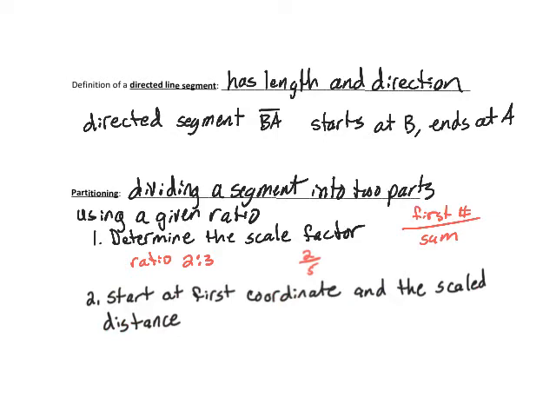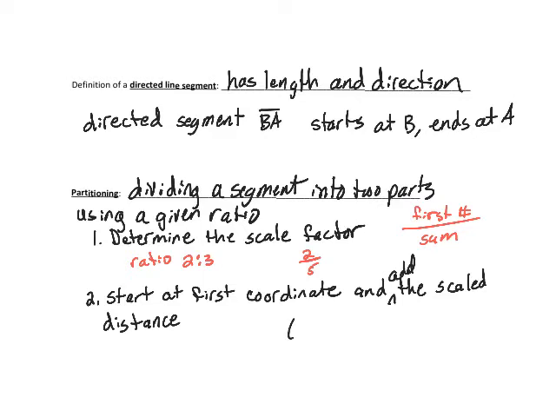And then you start at the first coordinate, and we take the x's and the y's separately, and I'll show you that in the example in just a minute. I forgot the word add in there. You need to add the scaled distance. By scaled distance, I mean the total distance would be the difference between the two numbers.